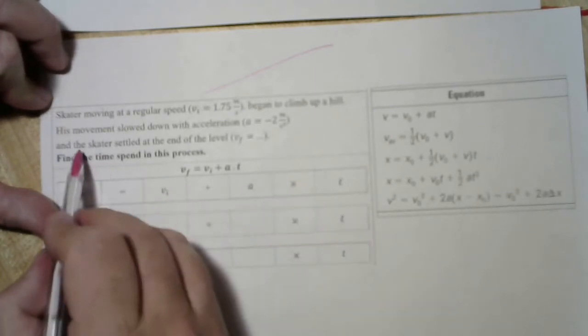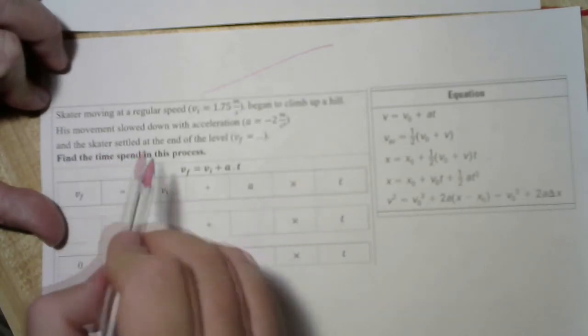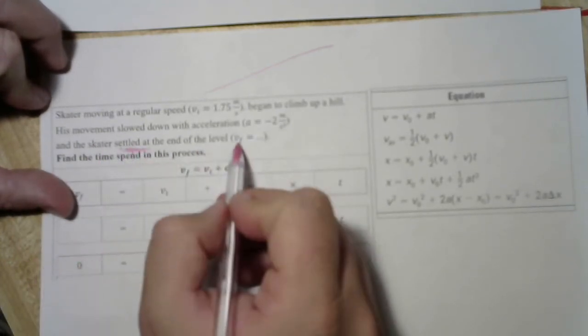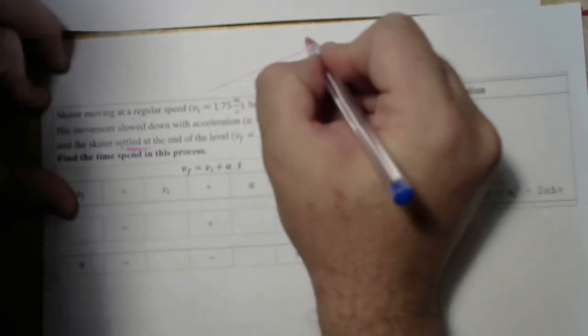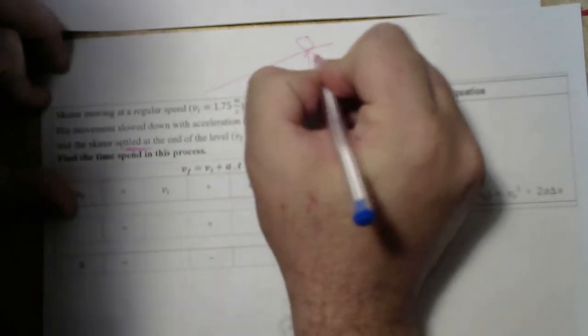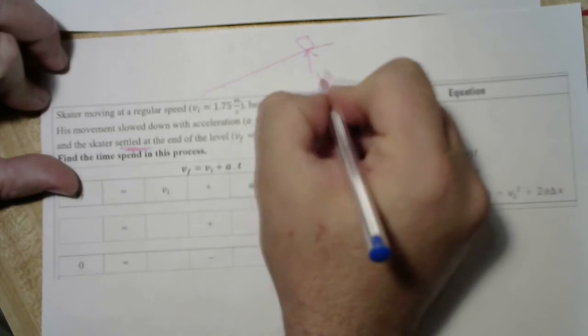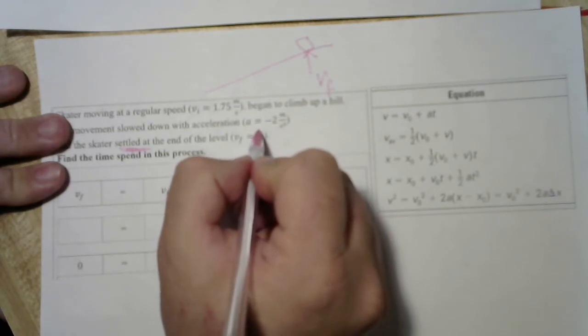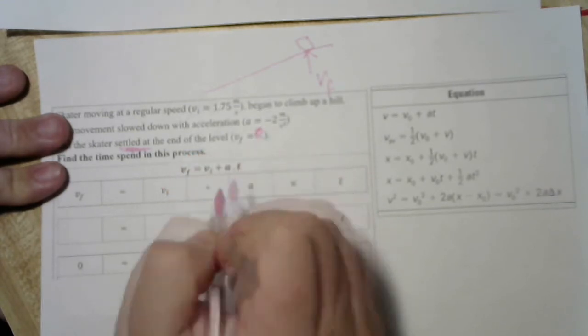Okay, and the scooter settled at the end of the hill. Settled, what is the meaning of this word? How much is his velocity at the end point, or V final? He reaches the stationary state, so his velocity will be 0, V final.